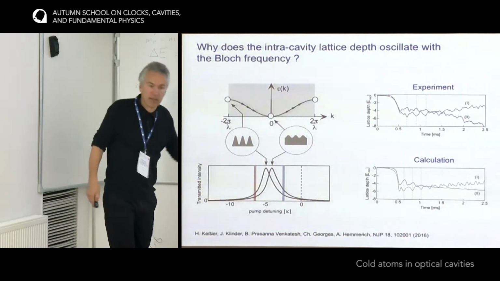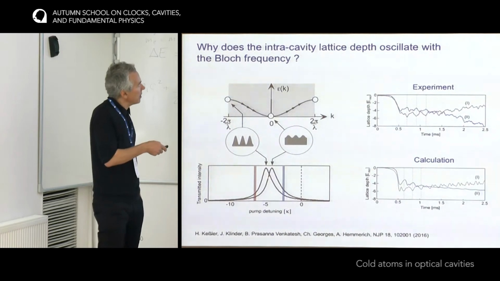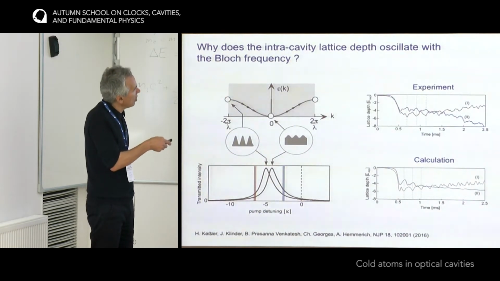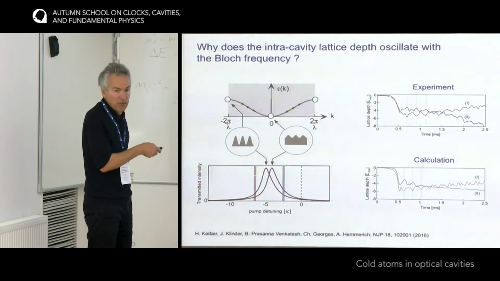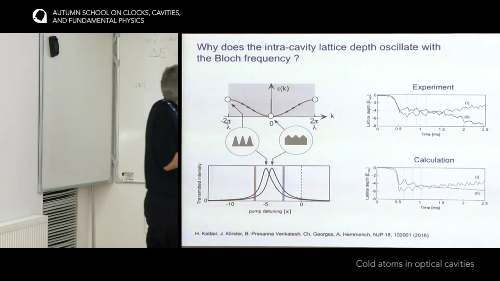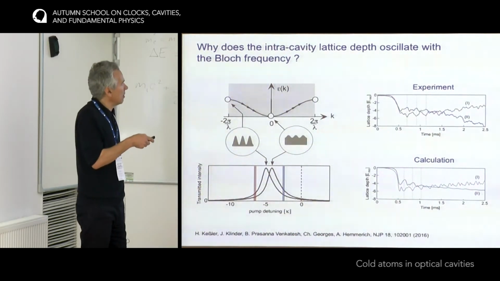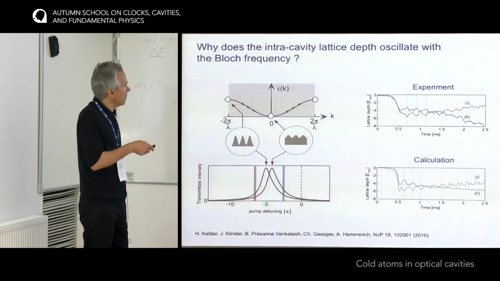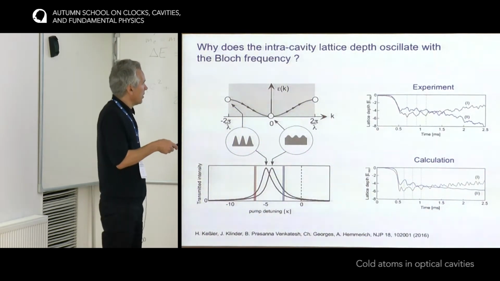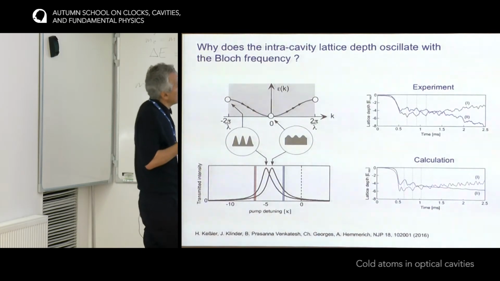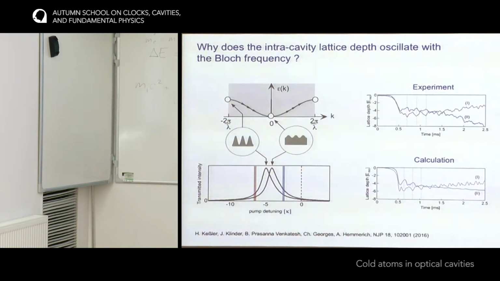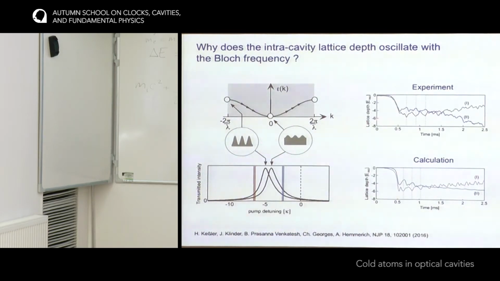Basically the optical path in the cavity changes, so as your Bloch oscillation evolves, your resonance moves back and forth. Now it depends at what frequency you couple in the light. If it's blue detuned, you are on this side of the resonance, or if it's red detuned, you're on the other side. And depending on that, you will get a different phase of the oscillation that you see in the transmitted light.